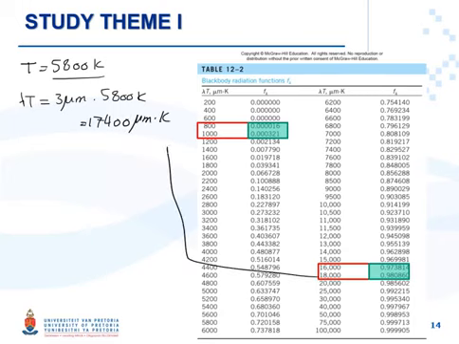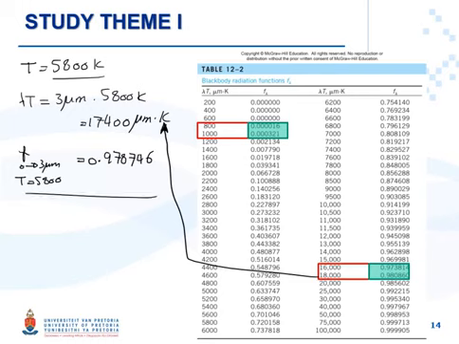From interpolation between these two numbers, 16,000 and 18,000, we find that F from 0 to 3 micrometer for temperature of 5800 is equal to 0.978746.